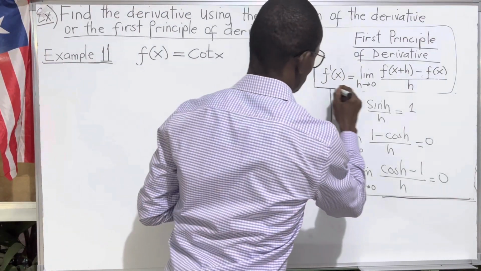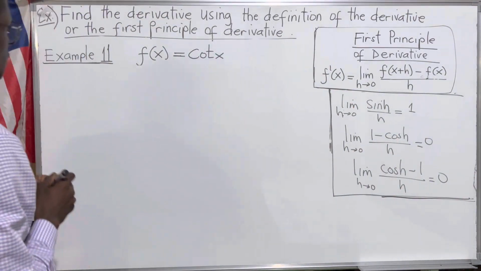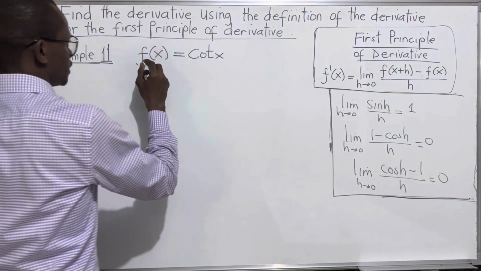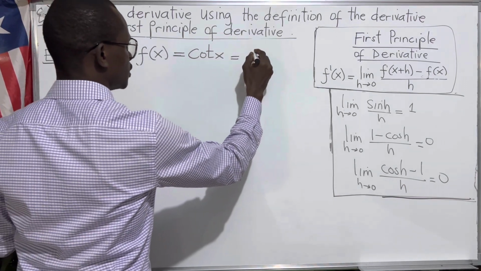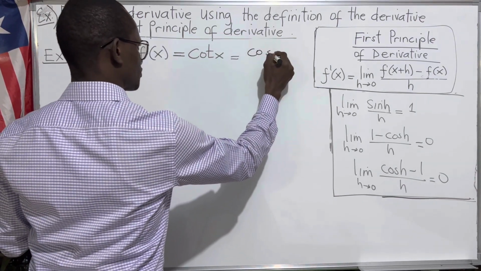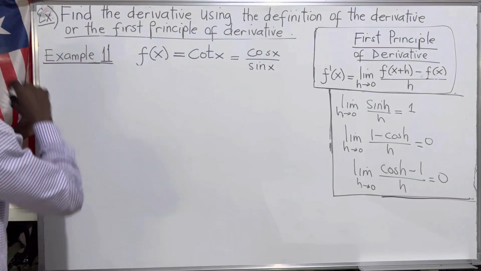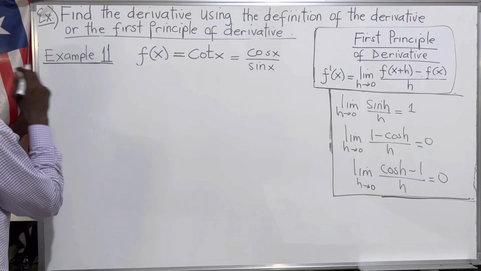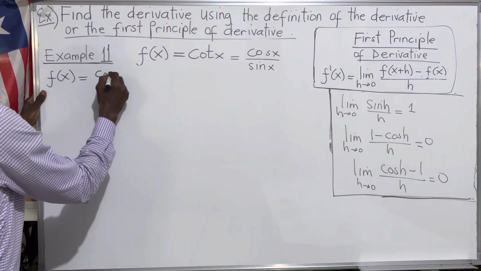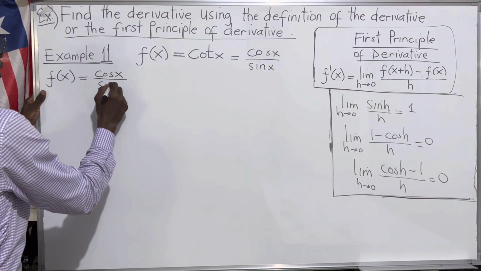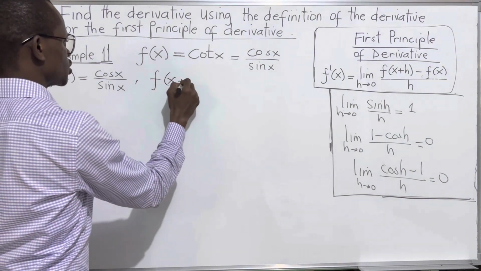So there is the first principle of derivative along with these useful properties. So we know that cot is equal to cos of x all over sine of x, right? So with that, we can now find both f of x and f of x plus h.